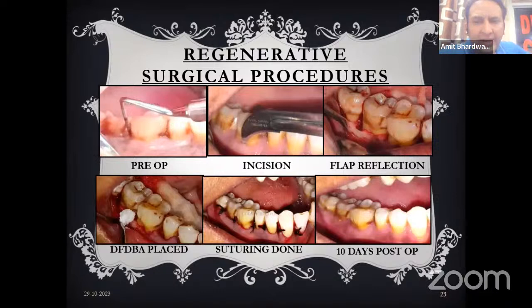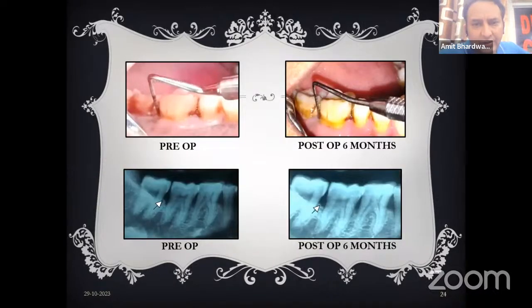Place the suture back, take a radiograph, and you will feel that there is a regeneration of lost alveolar bone. Like in this, you can appreciate the development of bone. Although it is a slow procedure, definitely you will get bone if you use a good graft and the patient maintains it properly.